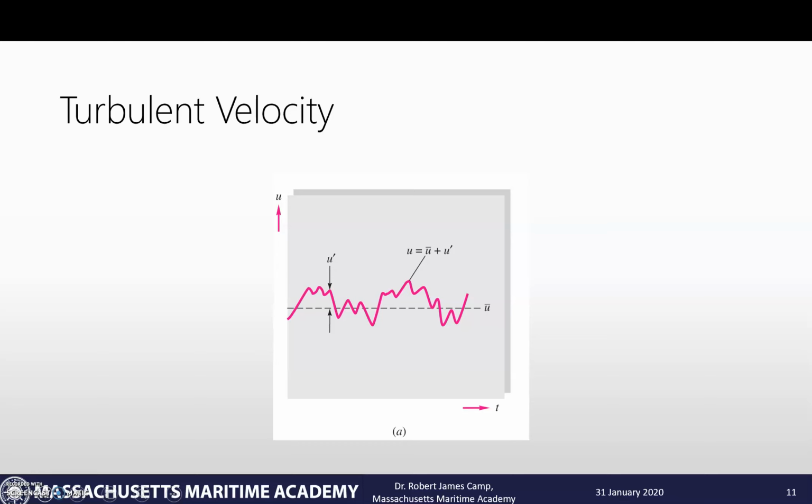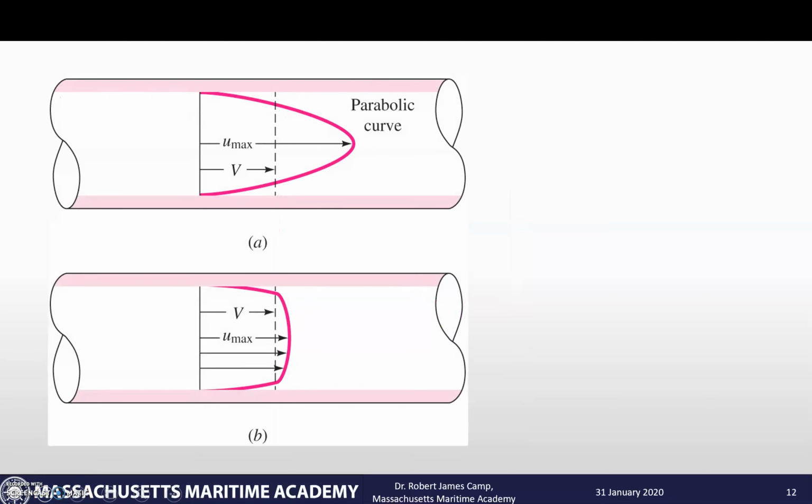If I look at this upper picture, what we're looking at is what laminar flow looks like. It's a parabolic curve, so we're able to say, okay, half the maximum velocity is the average velocity, and we're able to calculate things out. When we look at the second one, down here, we're looking at turbulent flow.